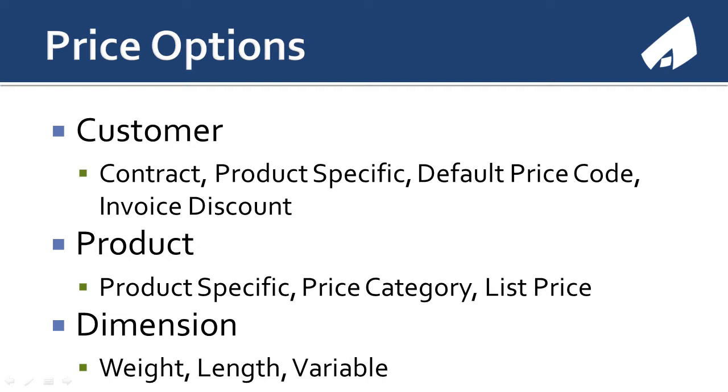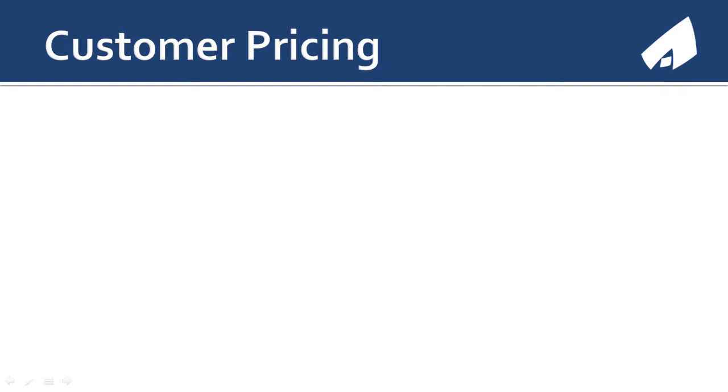They'll have, let's say, contracts for certain customers, product-specific pricing for others, as well as catch weights for some of their items. Out of these options, price codes and the unit of measure specifications are set up in Configuration Manager, while the rest are done either via imports, manually on the customer or product, or set up in price code maintenance. So let's talk about customer pricing.